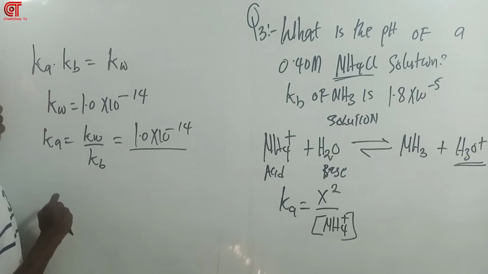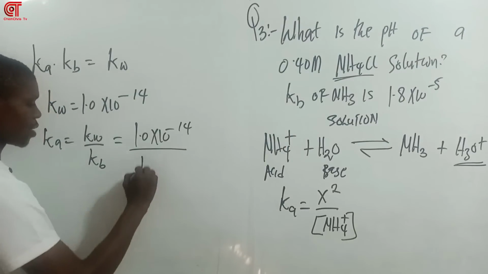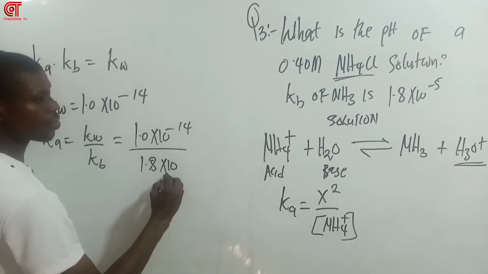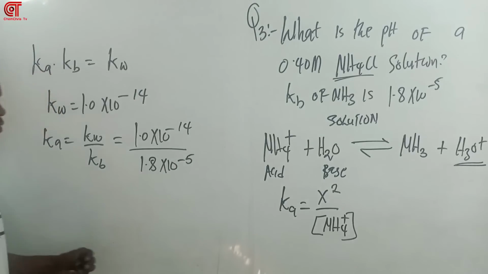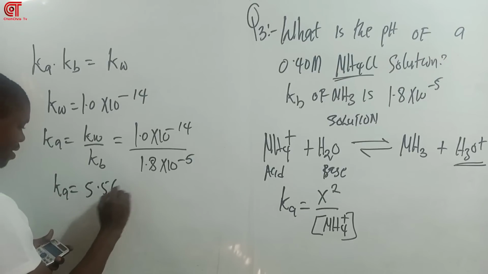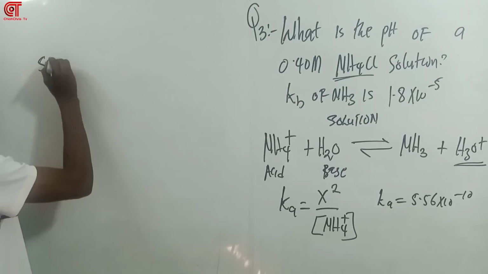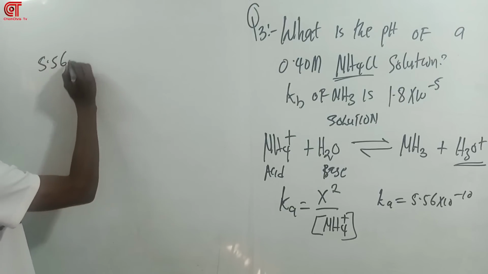which is given to me, right? My Kb is 1.8 exponential minus 5. Do you understand? So there is my Ka now: 5.56 exponential minus 10. 5.56, right?